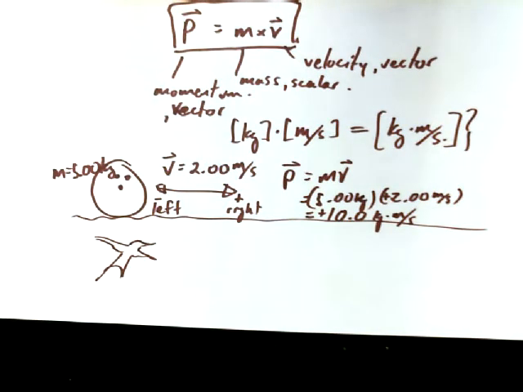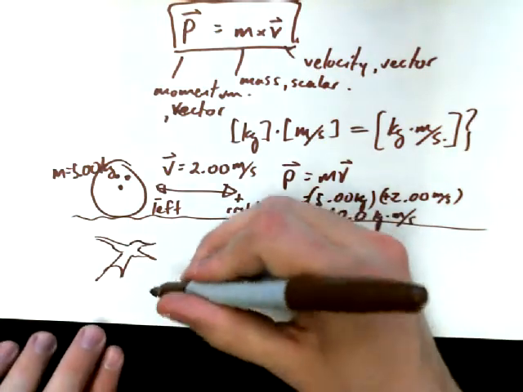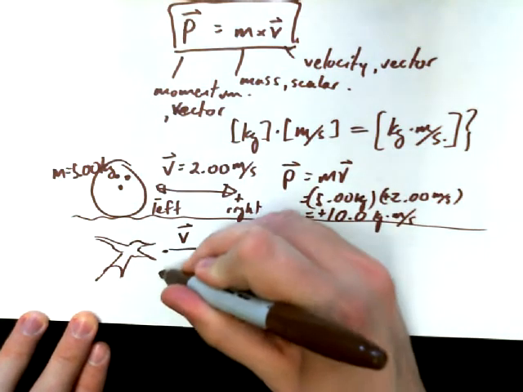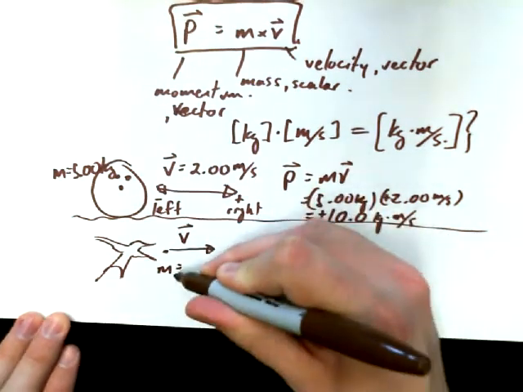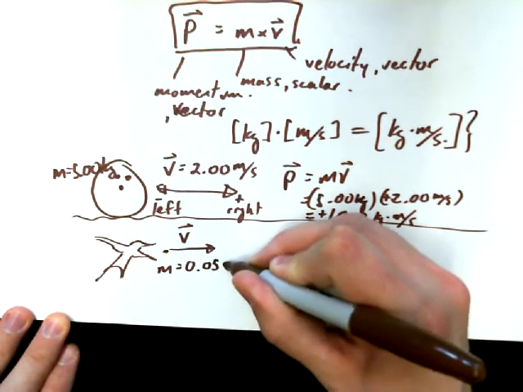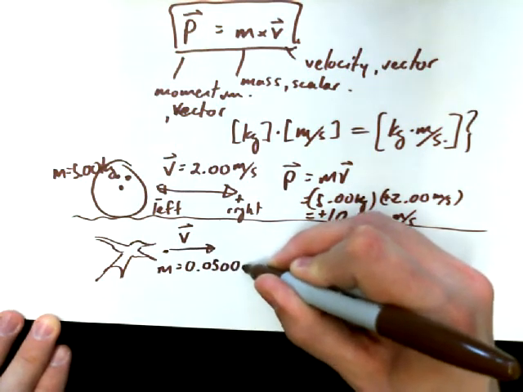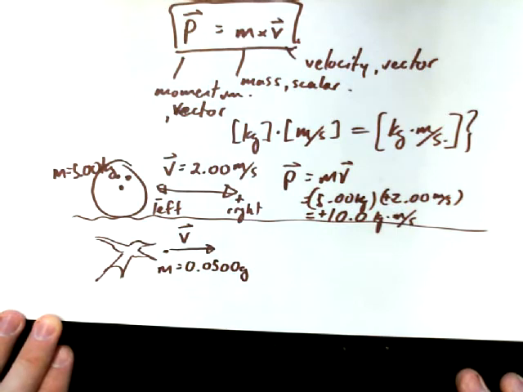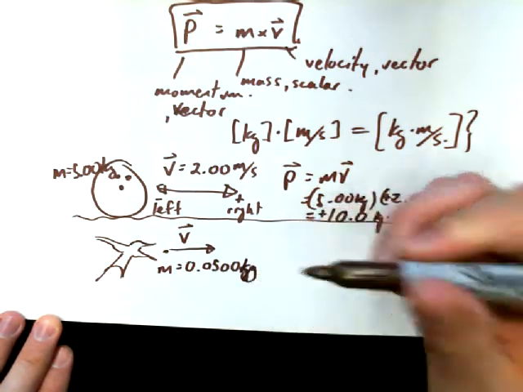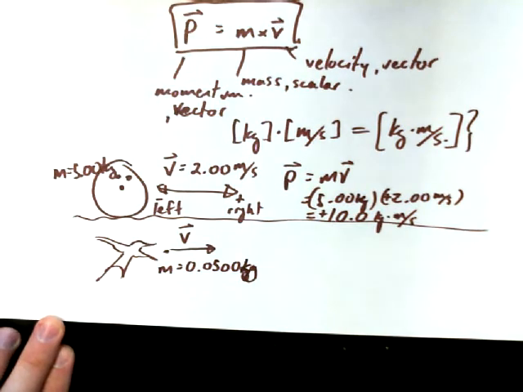And the swallow can fly. We'll say that it's going to fly to the right with some velocity. But it has a mass equal to 0.0500 kilograms. So about 50 grams.